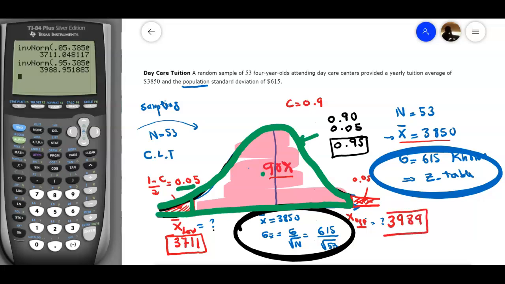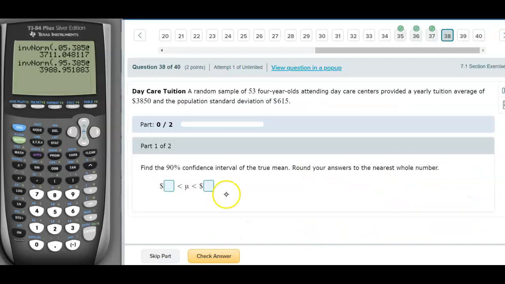So this is the second value here. Okay, so let's plug it in and see whether the work is correct or not. To the nearest whole number, it's fine. So here you're going to put 3711, and here you're going to put 3989. Check the answer.